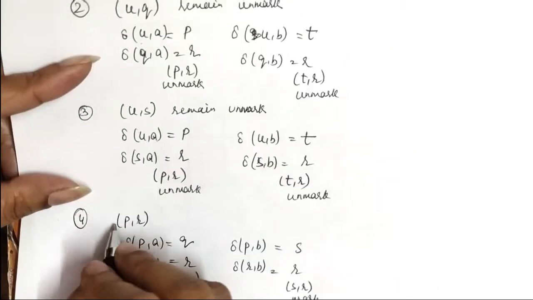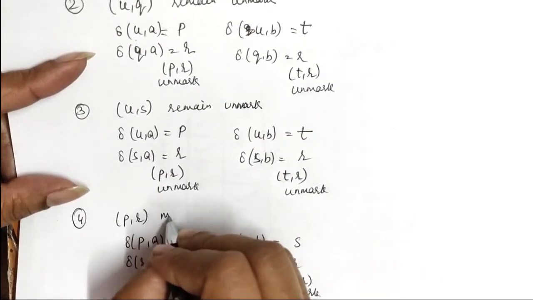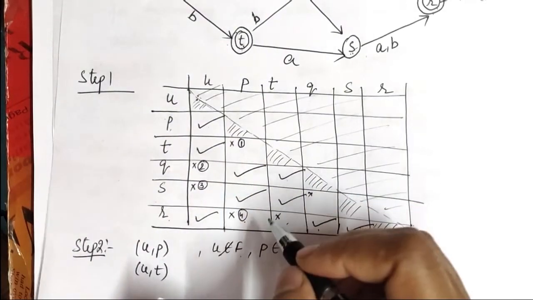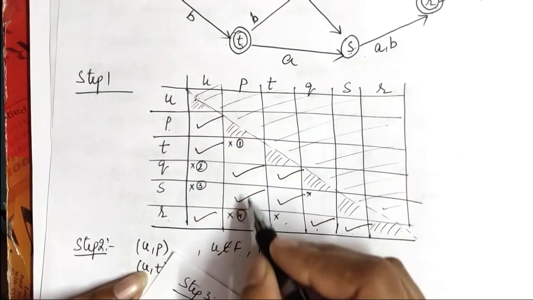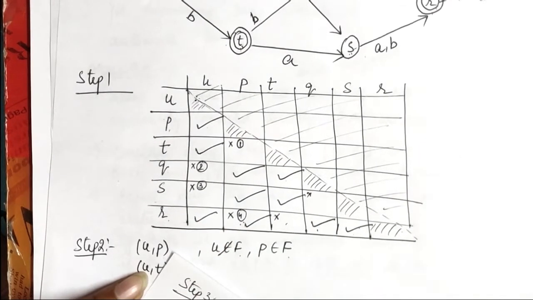So now we mark this cell, P comma R, which is the 4 cell.